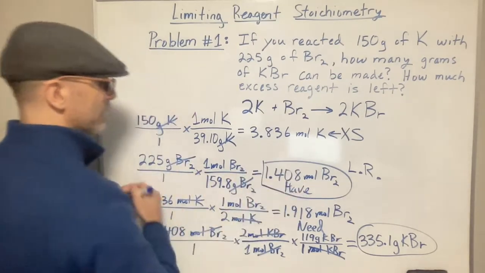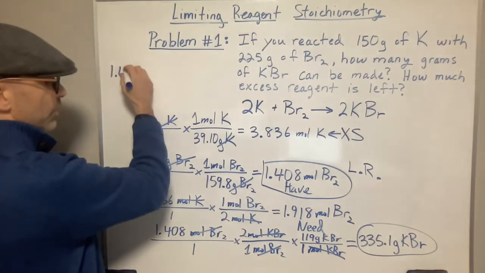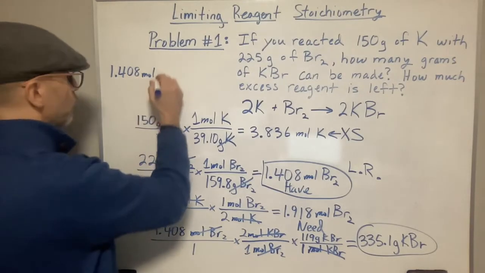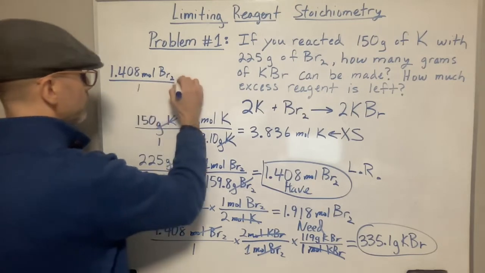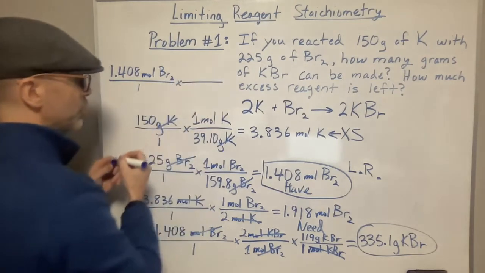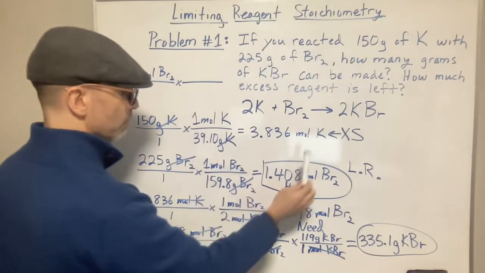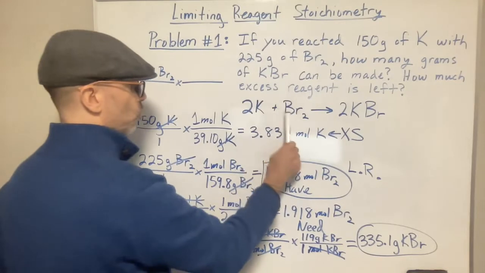So I have 1.408 moles of Br2 over 1. I'm going to use the mole ratio to convert bromine to potassium. So the ratio is 2 to 1.